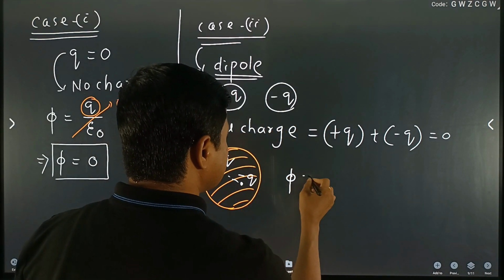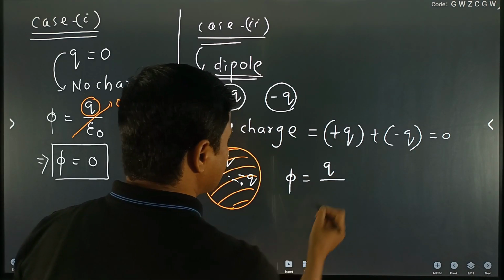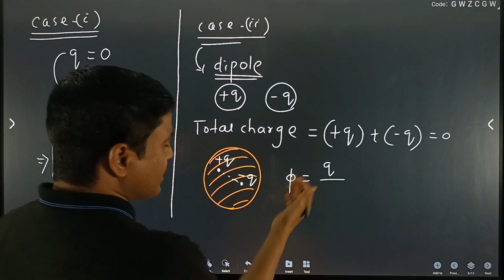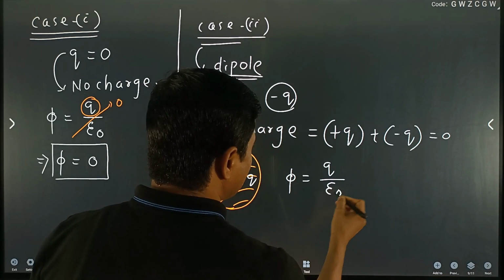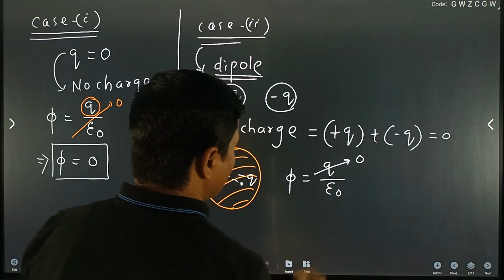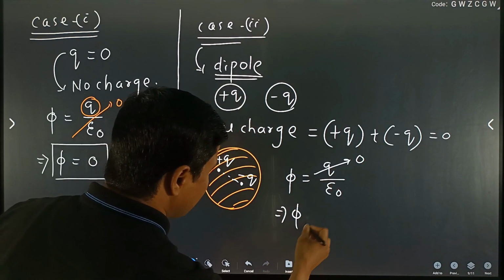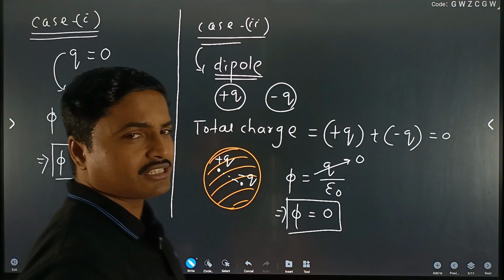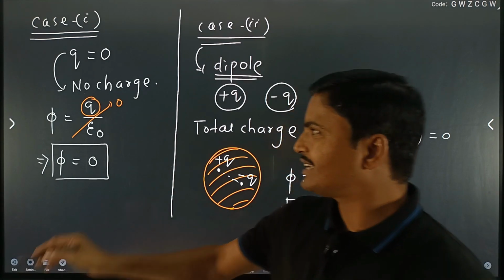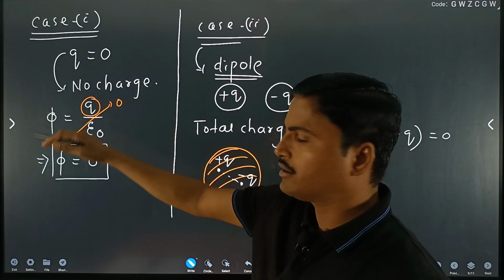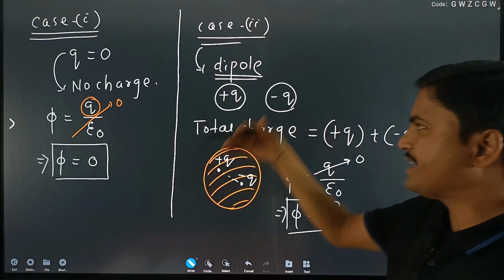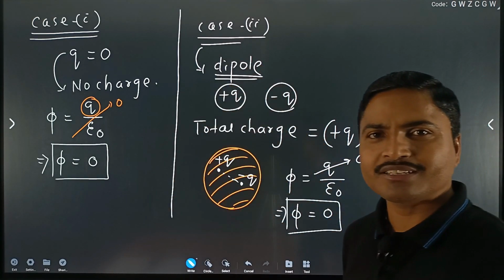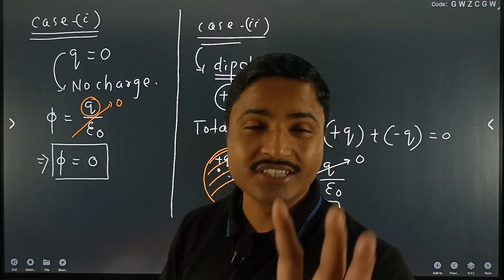Flux is Q, the total charge inside the closed surface, not outside, divided by epsilon 0, and in place of Q we put 0. That means finally phi is equal to 0. Electric flux is 0. That means if no charge is there, flux is 0. If a dipole is there inside the closed surface, then also flux is 0.